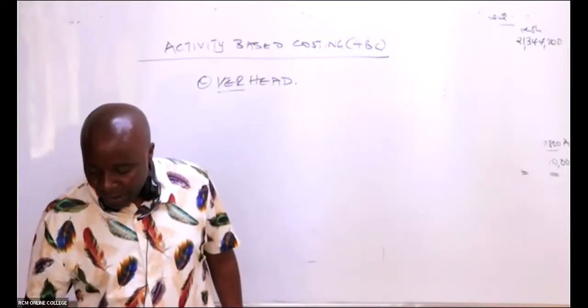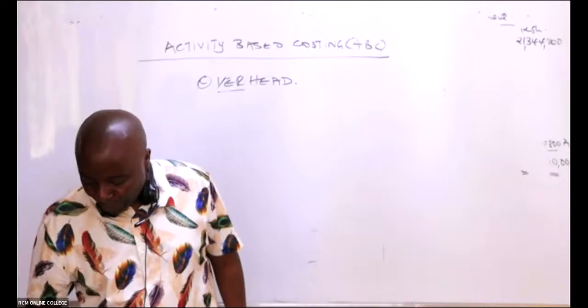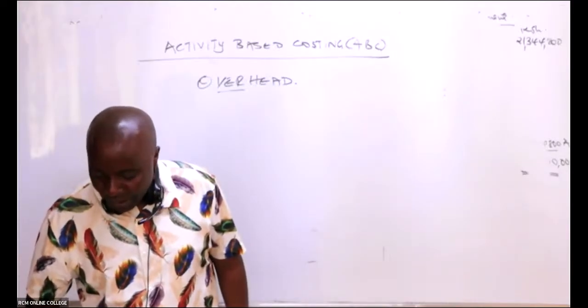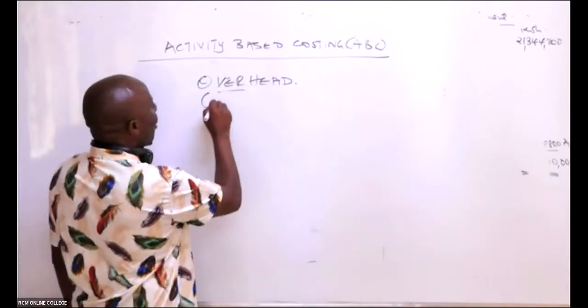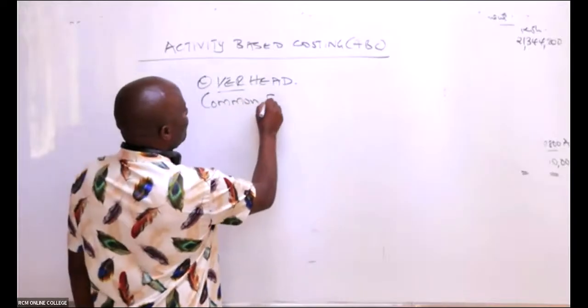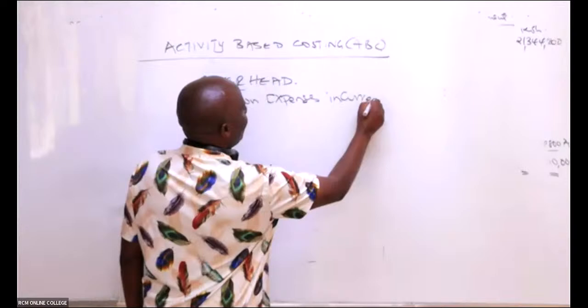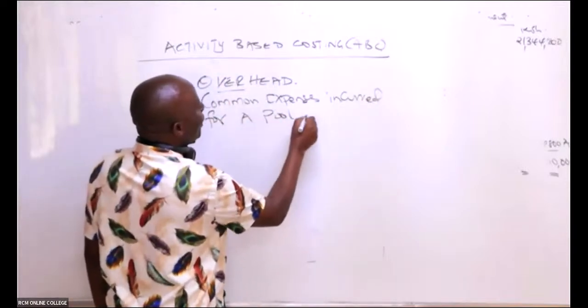These common expenses, at the end of the day, will need what we call apportionment. There are common expenses incurred for the benefit of what here? Many units. So these are common expenses incurred for a pool of units.